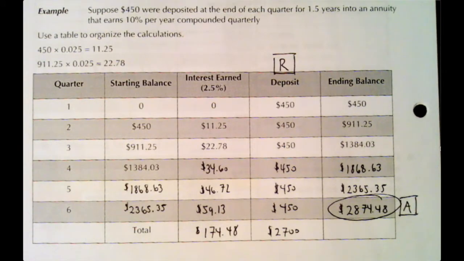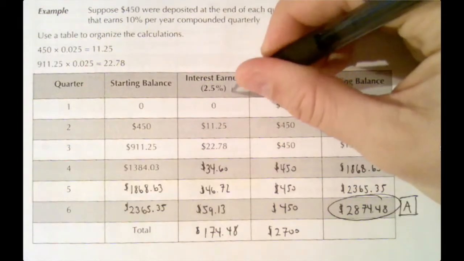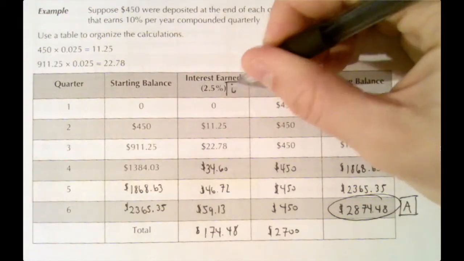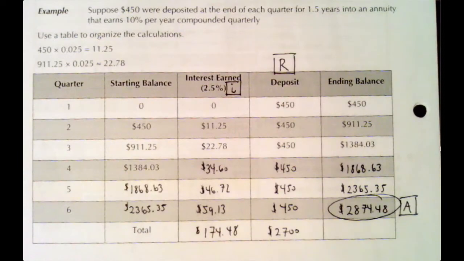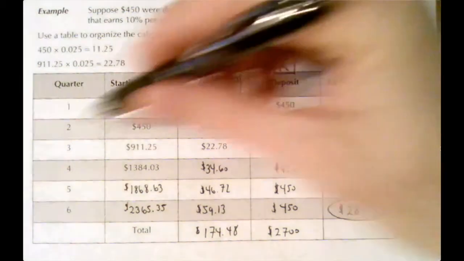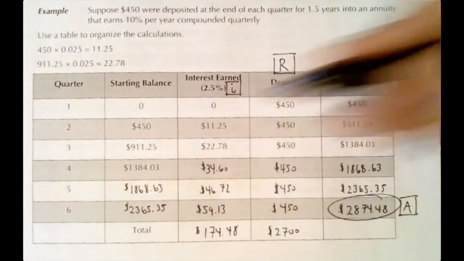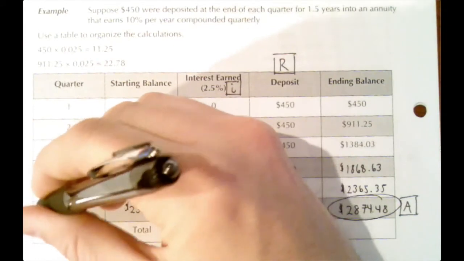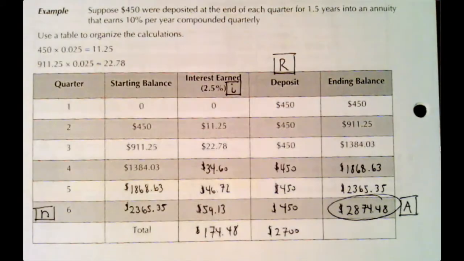I was the interest rate per compounding period. This 2.5% is I. I'm going to show you how to get it. And N said number of compound periods. That's just how many rows we have in our table. Well, that's 6.